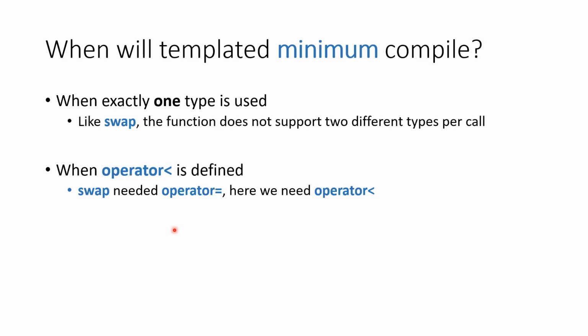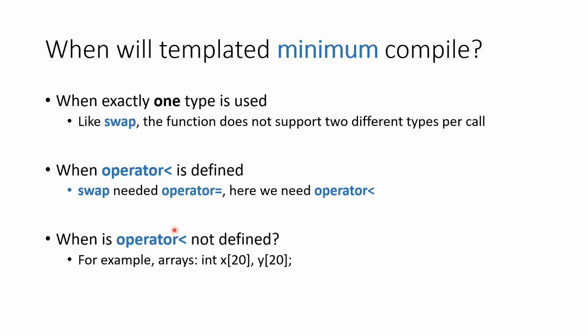And the second, when the operator less than is defined, because we are using the operator less than to compare the two values. And when is this not defined, like some arrays and some other types that are not meant to be compared, of course.